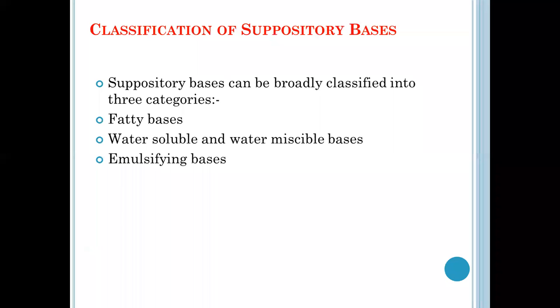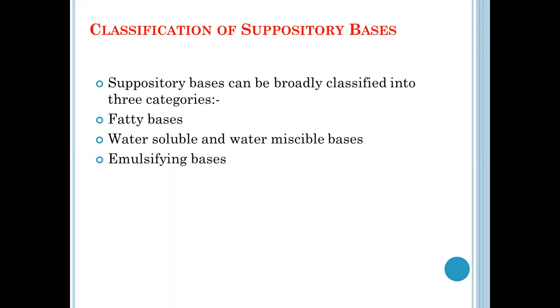So in the classification of suppository bases, they are classified into 3 categories. First, fatty bases. Next, water soluble bases. In fatty bases, theobroma oil is used because it melts at body temperature.